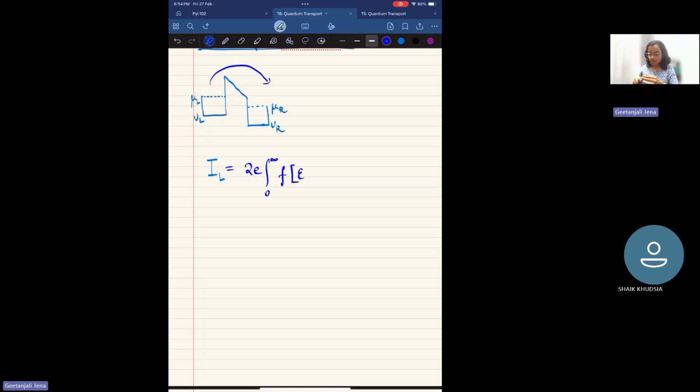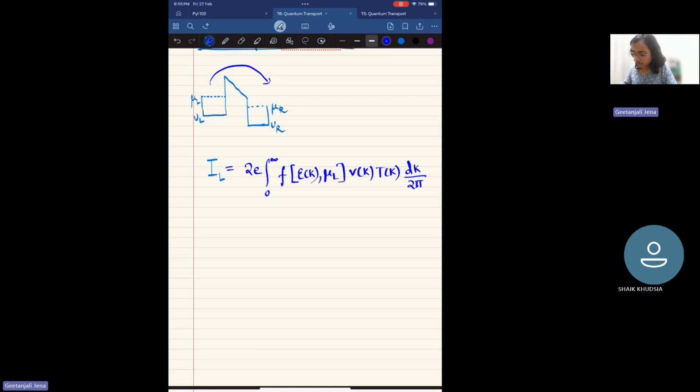So for this, we have an expression like 2e, the Fermi Dirac distribution, the group velocity, T of k, the transmission coefficient, and the allowed number of states.